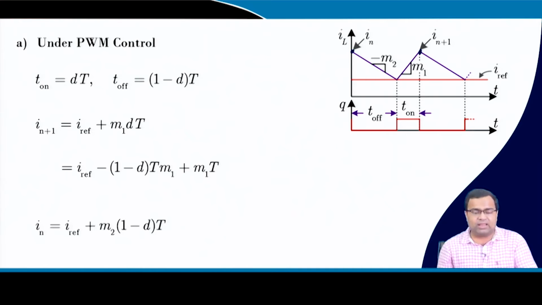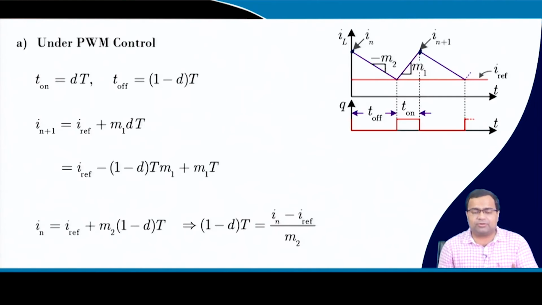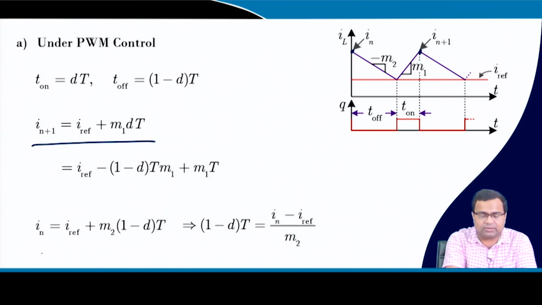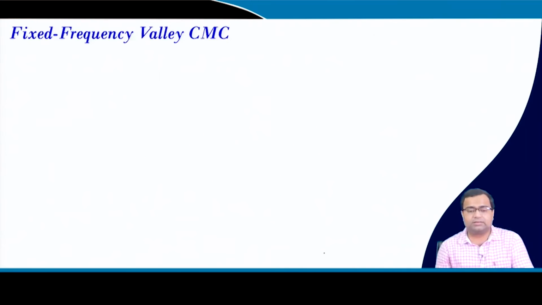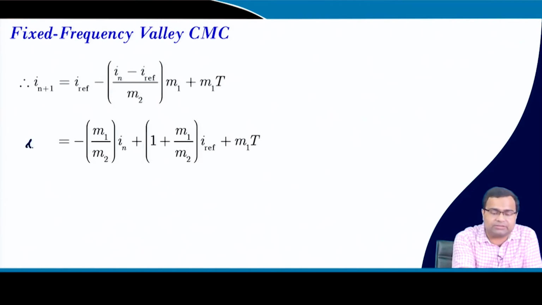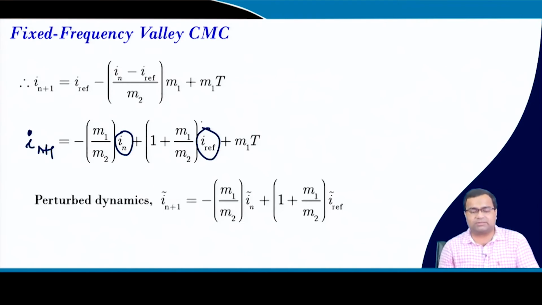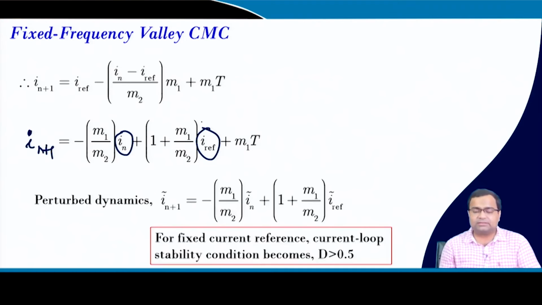If you write the whole equation, again if you perturb, and write one by one the equation for In plus 1, then the expression of In, from there you find 1 minus dt, and if you substitute, this is the overall equation. That means this is my In plus 1. Again there are two terms, one is the initial current, another the reference current, and if you ignore the slope perturbation, the part of current dynamics.